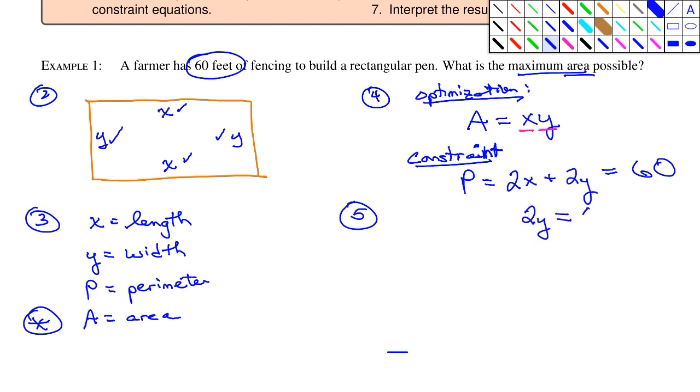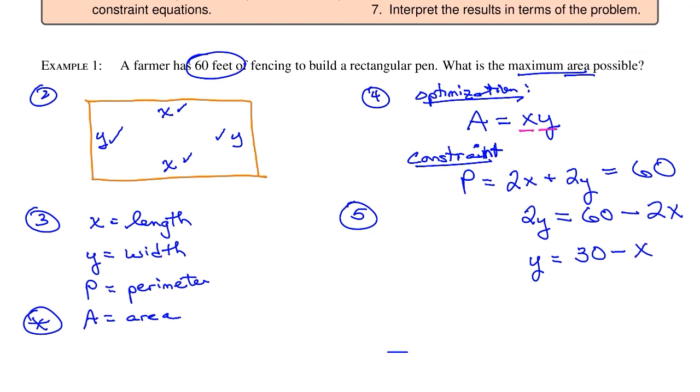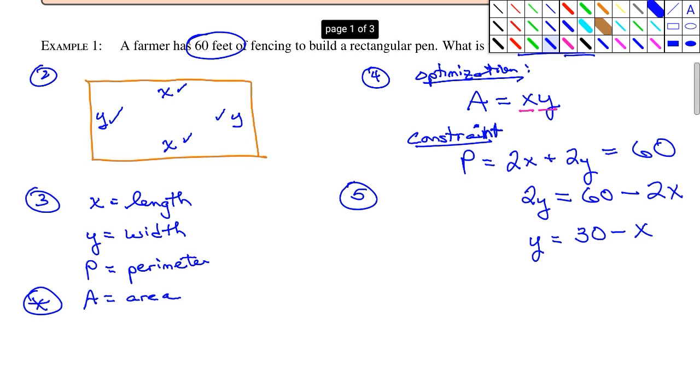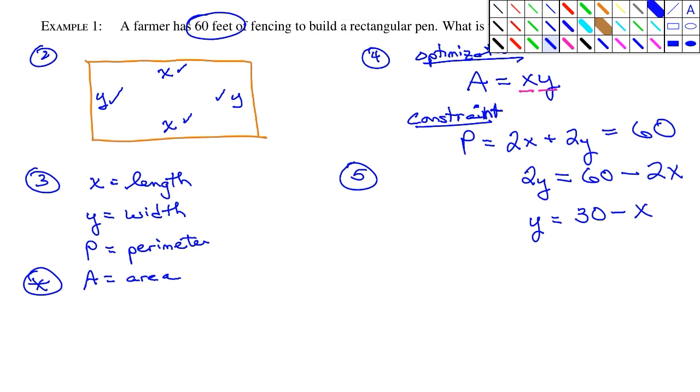So I'm going to take the 2x from the constraint equation and move it to the right side. Then I'm going to divide everything by 2. Now, the relationship between x and y is that y is equal to 30 minus x.